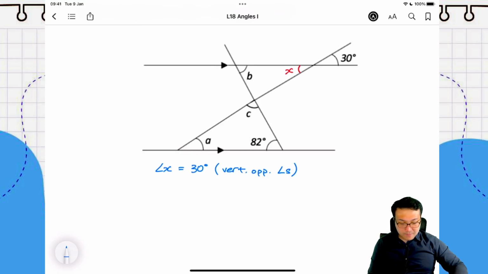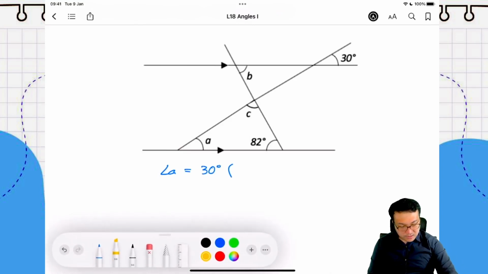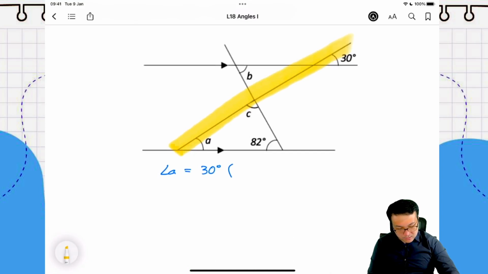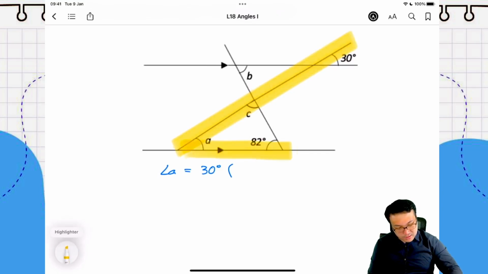Or you know something? We don't even need to find angle X. Do you know we can straight away find angle A? We can immediately say angle A is 30 degrees. But we just need to use a different rule, instead of using the letter X. Can you see that there's an upside down letter F over here?